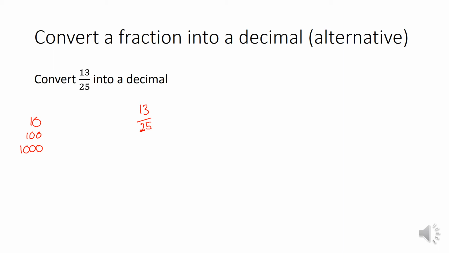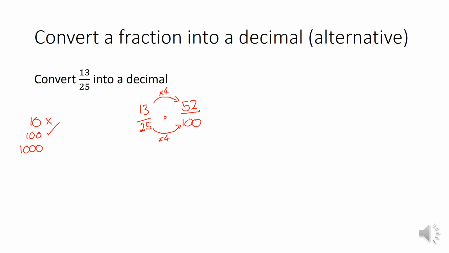So there's not something nice we can times by to get it to be 10, so we're not going to pick 10. Is there something we can times it by to get 100? There is. So if we times 25 by 4, we get 100. So then we also need to times the top by 4, and that gives us 52.